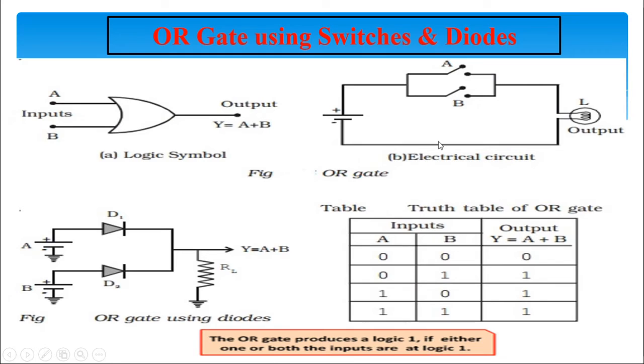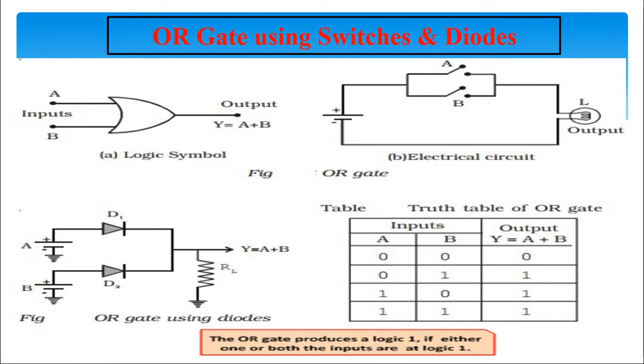The second circuit is shown in figure B, using switches. The OR gate can be thought of like an electrical circuit, in which switches are connected in parallel with each other.